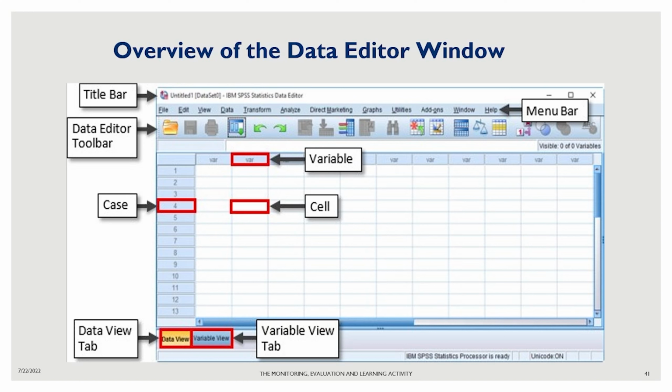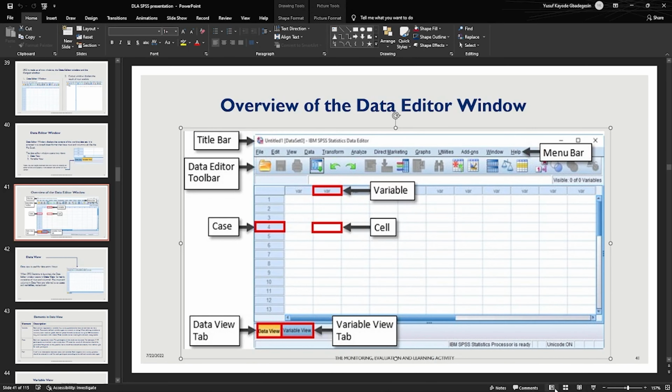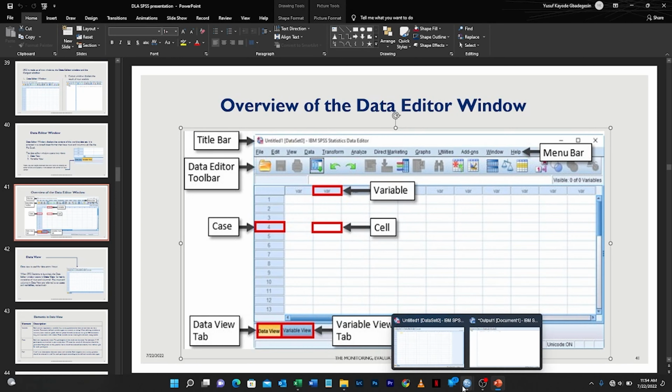And we have cell. Cell is just like a typical cell in Microsoft Excel, where a row and a column meet. That box is called cell. And we have the data view tab, which I've shown you before, and the variable view tab.